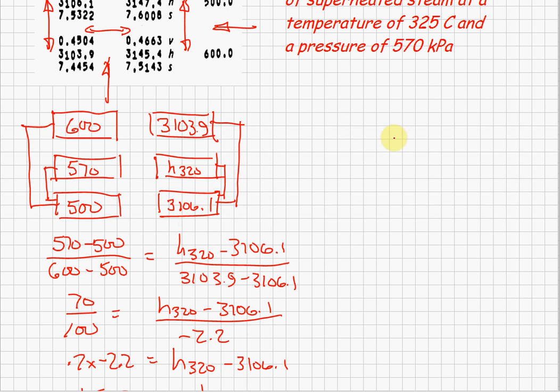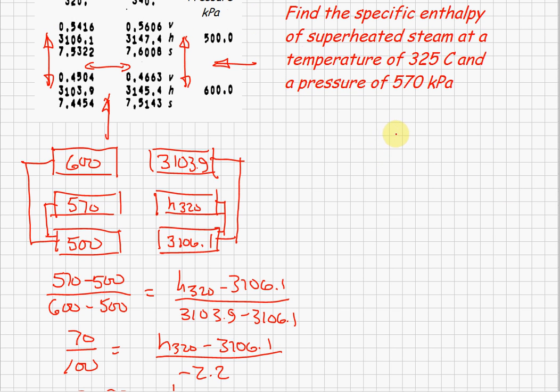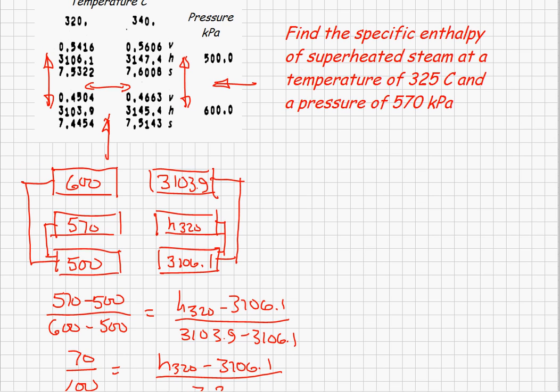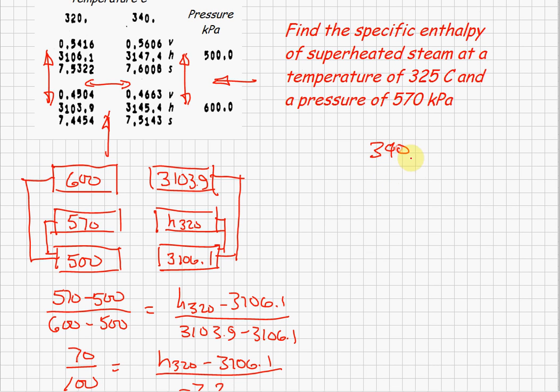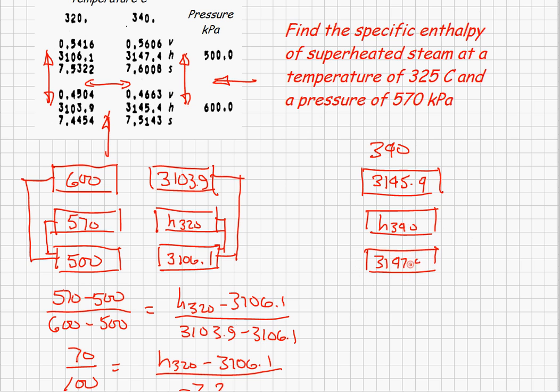And now I have to do the 340. So I'm going to put the boxes down, and I only need 3 boxes this time. As I mentioned in the other tutorial, if I have already done the 600, 570, and 500 ratio, I don't need to do that again. And so I have 3145.4, and I'll have this H340, and 3147.4. I'm going to build the ratios.